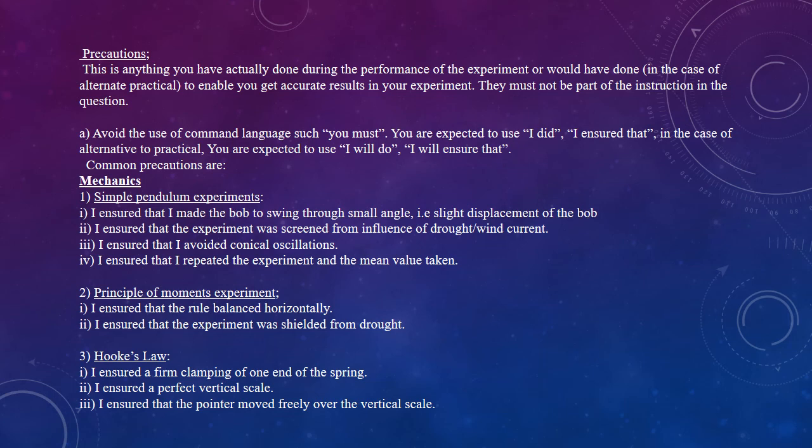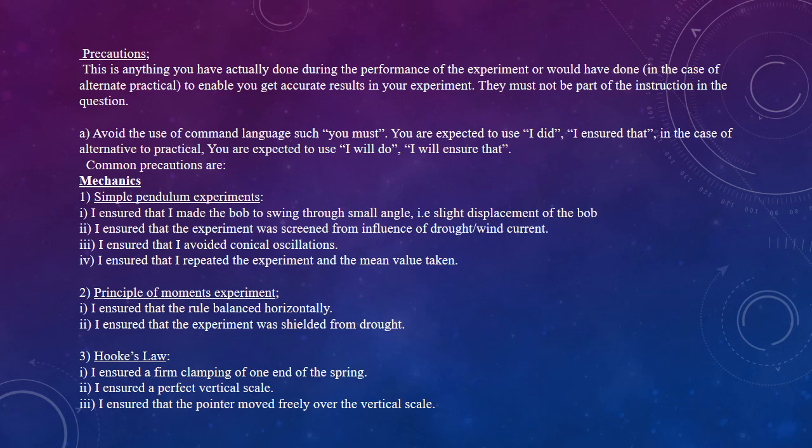So these are the common precautions we will encounter in different stages. When you are confronted with an experiment that has to do with mechanics, say a simple pendulum experiment, you can see the precautions that are attached to that here.